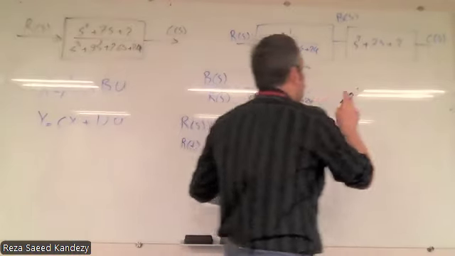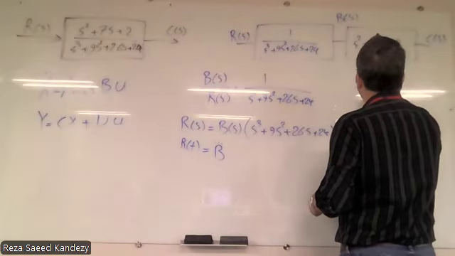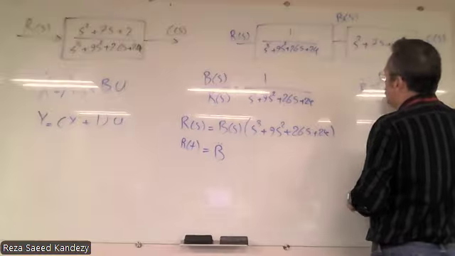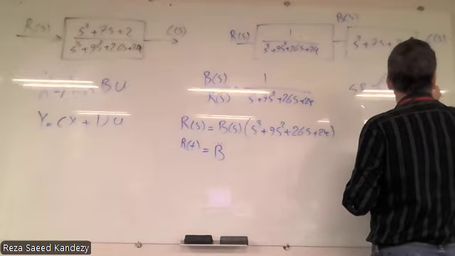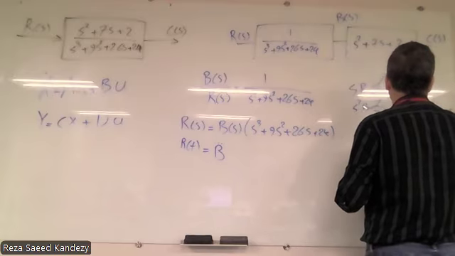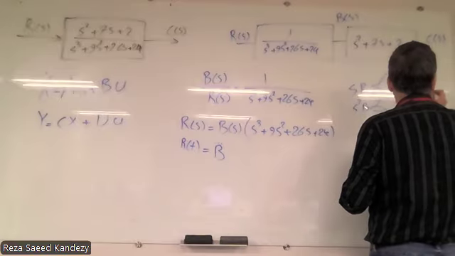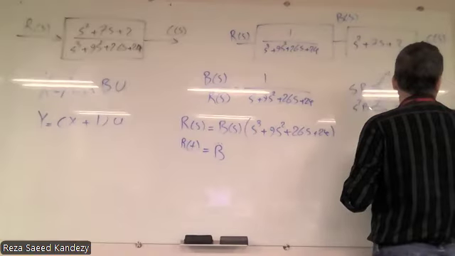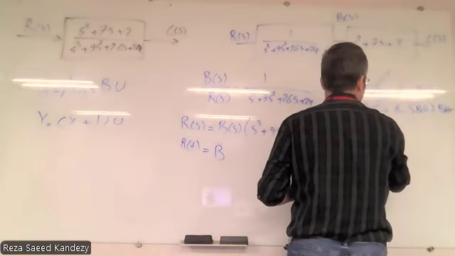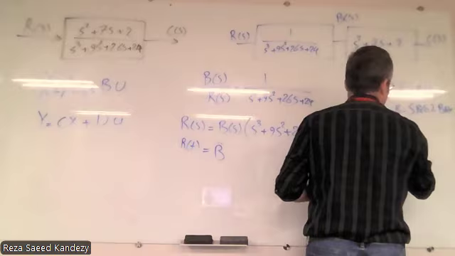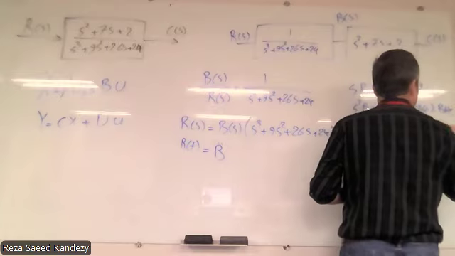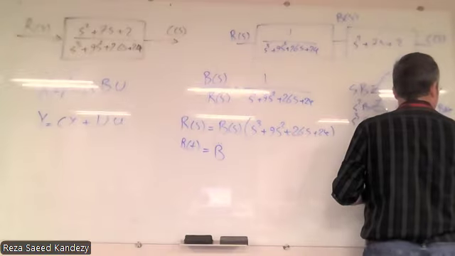Now remember, we said that for b dot, if we want the inverse Laplace, s b is b dot minus the initial condition. s squared b is b double dot minus s b of 0 minus b dot of 0, and also s cubed b is b triple dot minus s squared times the initial condition of b minus s times the initial condition of b dot minus the initial condition of the double dot.